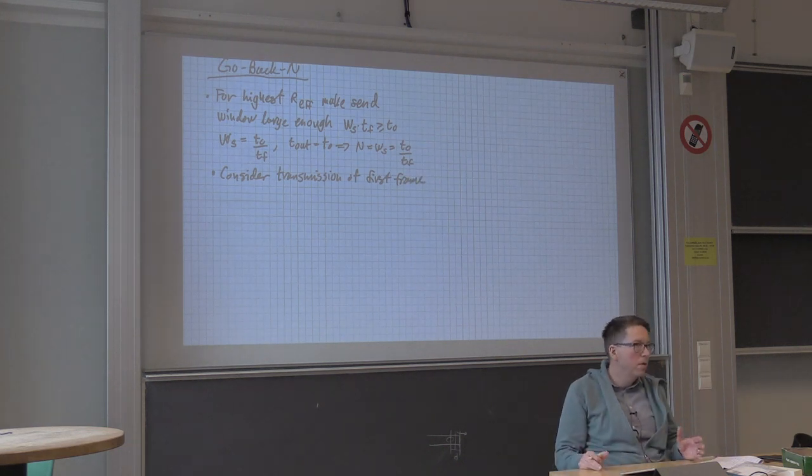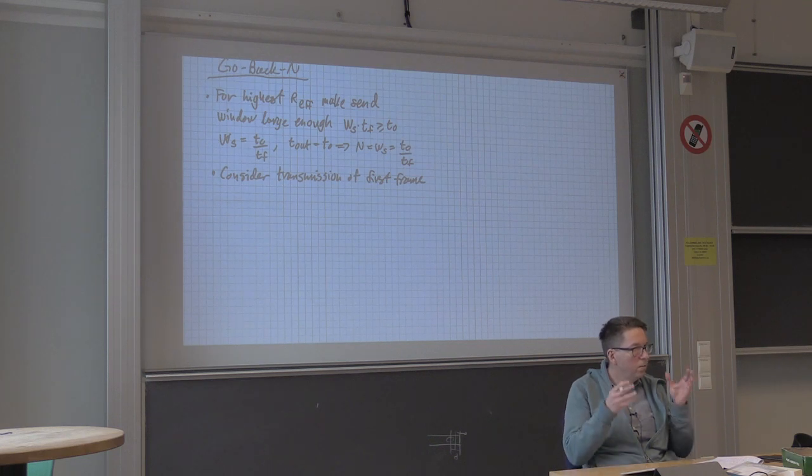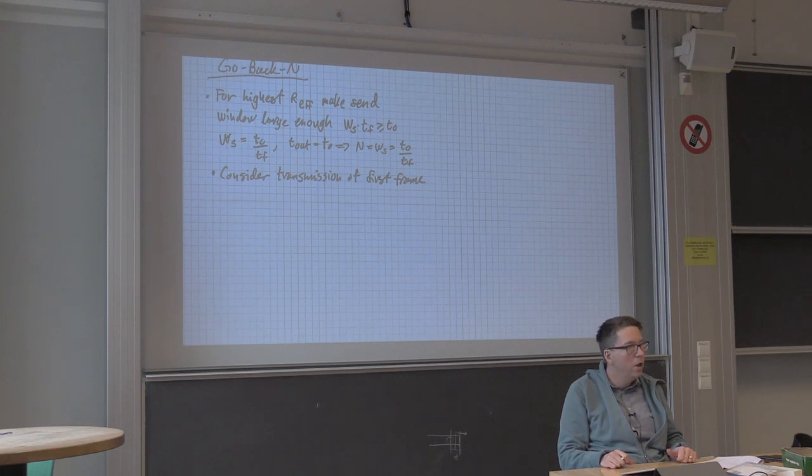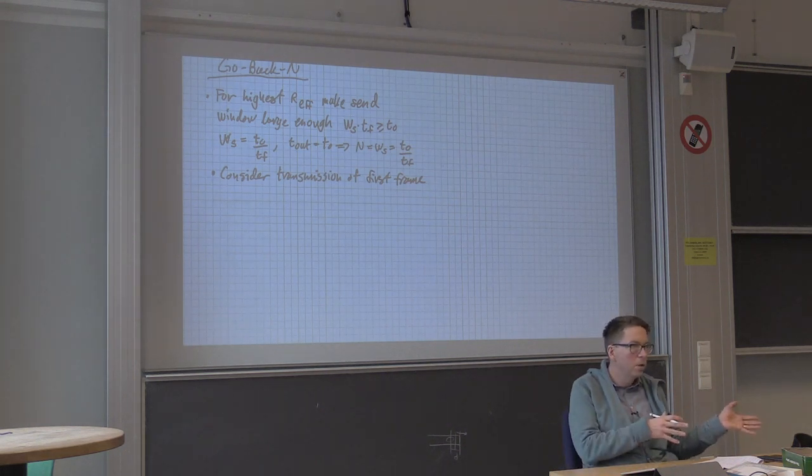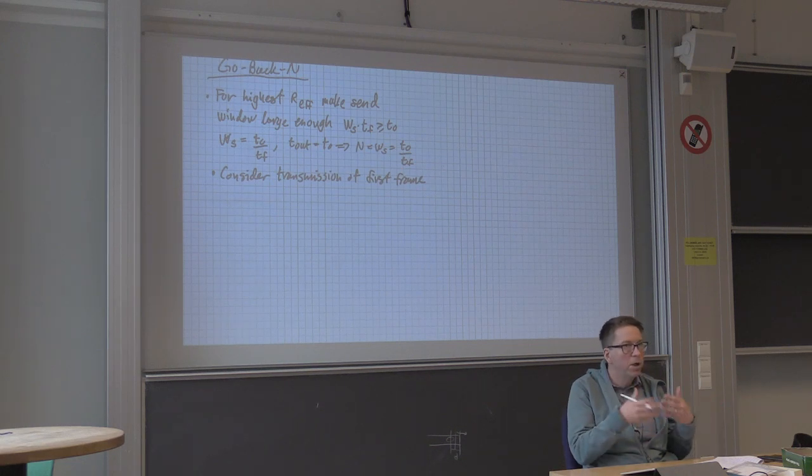So think of this as powering up everything, and then we need to send the first frame in a go back N ARQ protocol. And since there were no previous frames, there are no errors in those frames that could affect how many times I need to transmit this first frame. Okay.